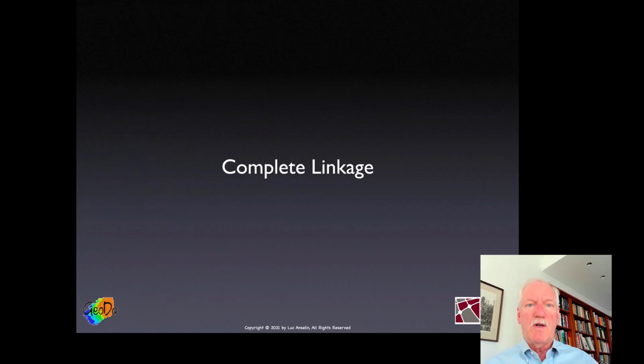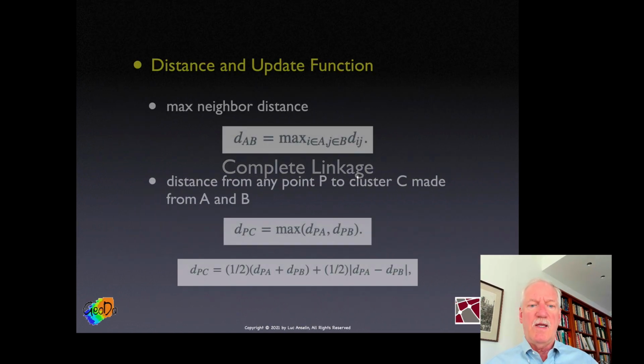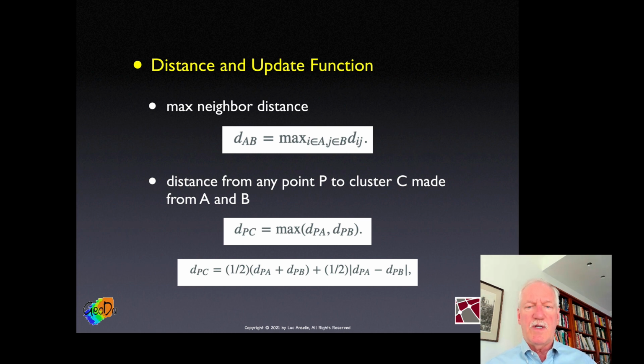The opposite of single linkage is complete linkage. Instead of using nearest neighbor distance, we use the maximum neighbor distance. So the distance between A and B is the distance between the 2 points, one in each cluster, that are the furthest apart.